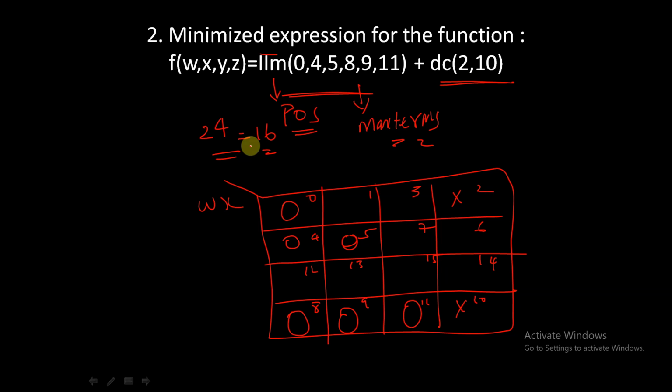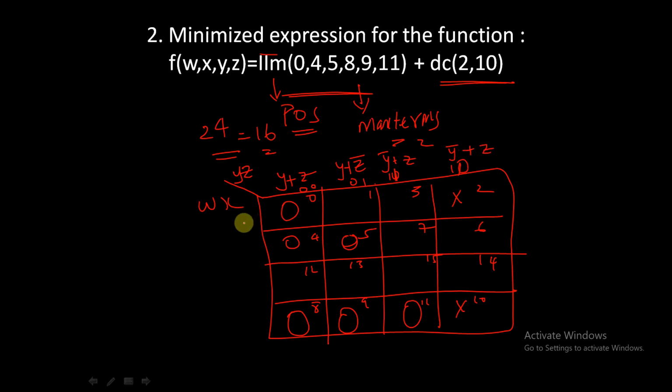I'm writing the wx and yz labels: y plus z, so it is 0 0, 0 1, 1 1, 1 0, like this you can map. So it is y plus z bar, y bar plus z bar, and y bar plus z.